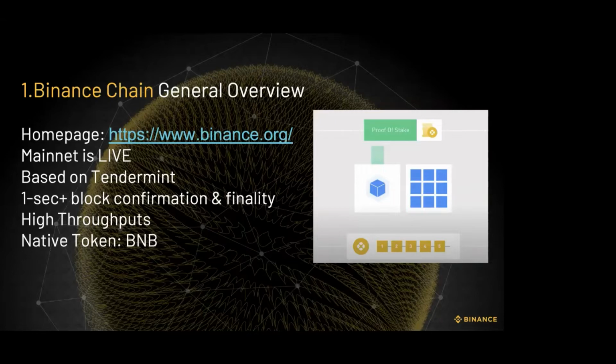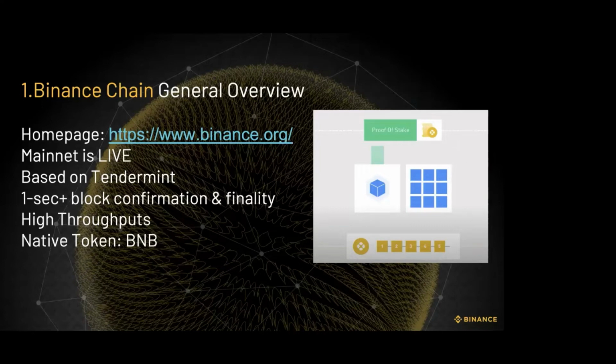Unlike Bitcoin, it uses a proof of stake, PoS-based consensus, and it's built on top of a consensus software named Tendermint. It's a BFT consensus, and with that, Binance Chain produces blocks very fast, and the blocks are produced by several very qualified validators.